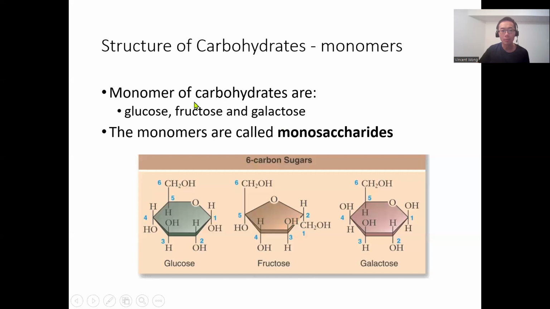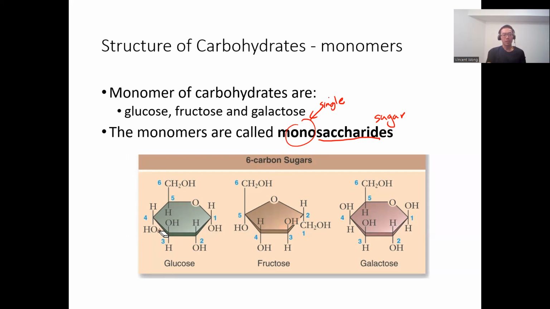These monomers are collectively known as monosaccharides. Saccharides means sugar. Mono is single. You don't have to know how to draw them or identify them. I'm not going to give you a picture and ask you what it is.